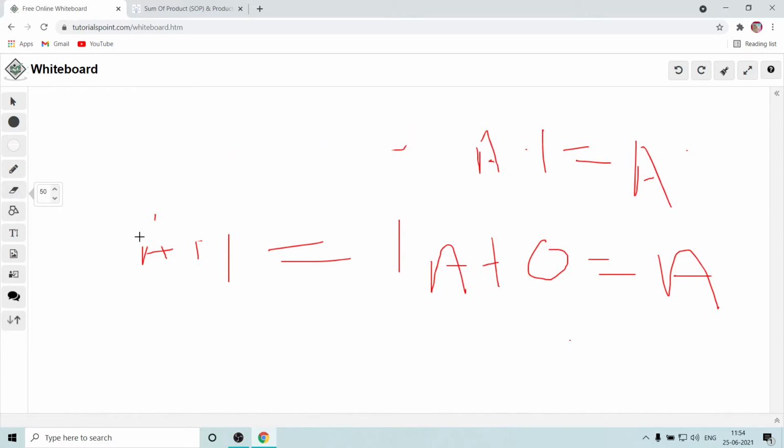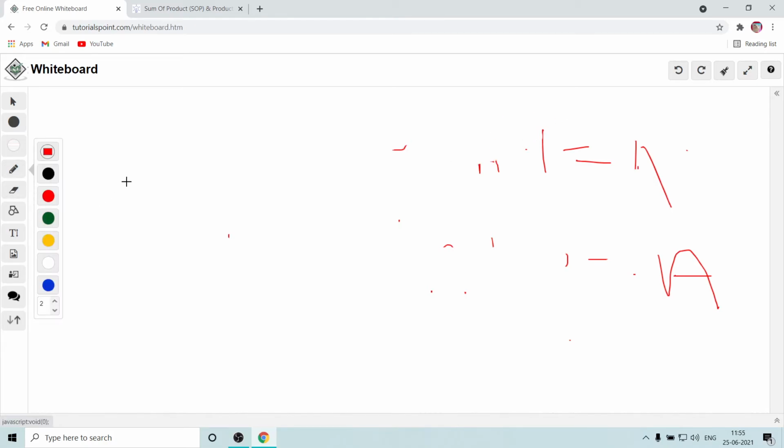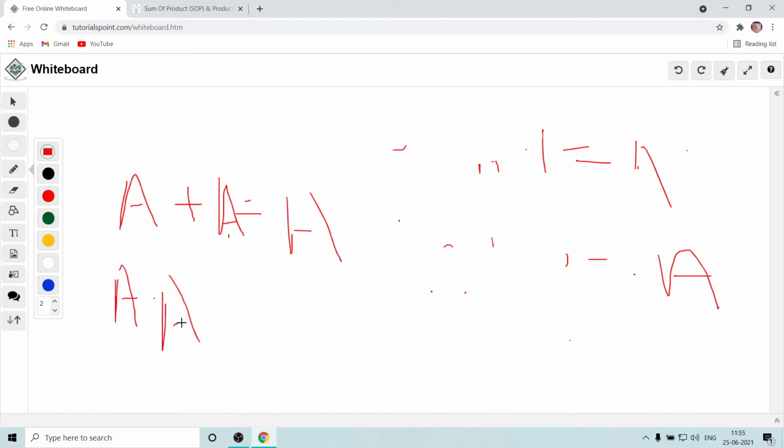Moving ahead, let me tell you the idempotent law also. It's again very easy. We simply say that A plus A will always give you A, and A dot A will also give you A. This is very important. To minimize an expression using Boolean laws, we use these laws and try to minimize the expression.